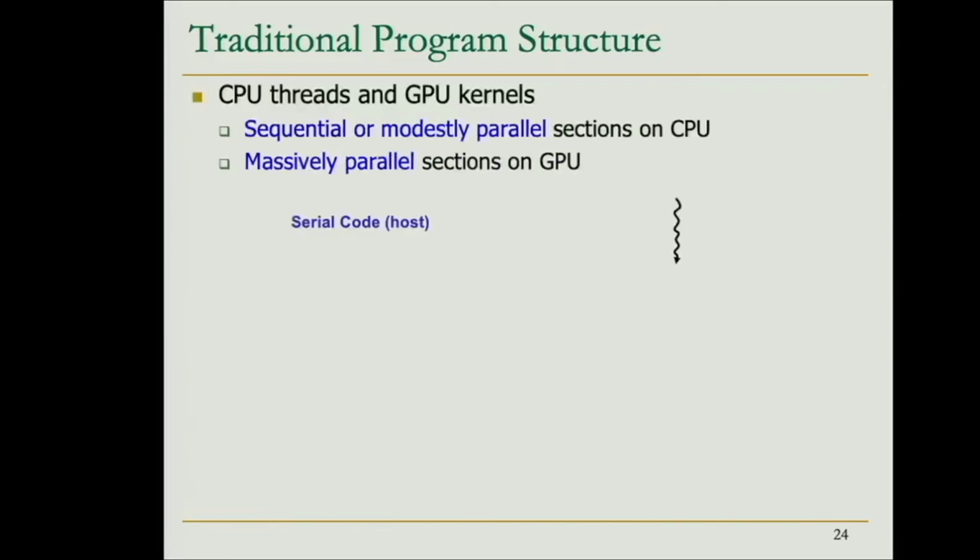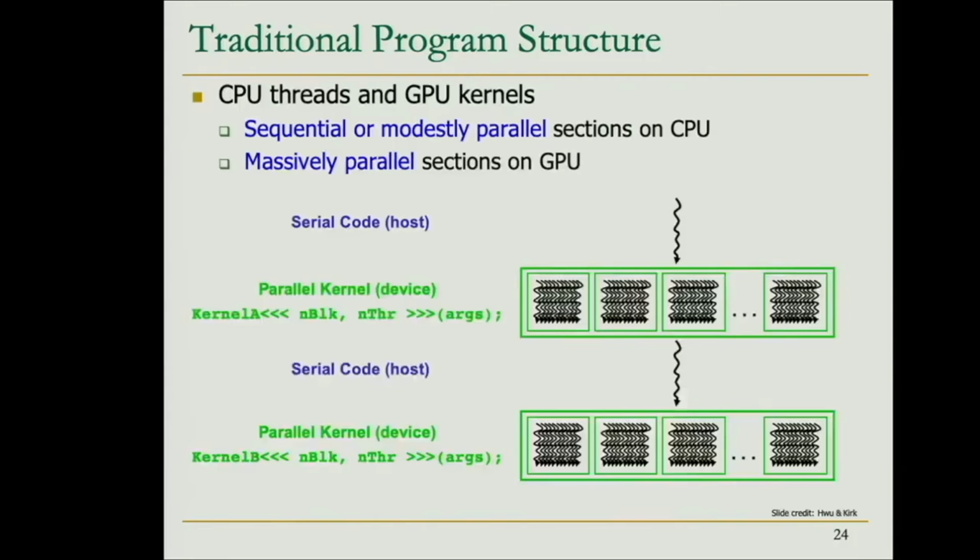Discrete GPU, where you originally have your data in the CPU memory, you need to transfer it over the PCI Express bus to the GPU memory, and then you start the computation. That's a traditional accelerator model, and the program structure for this is going to be something like that.